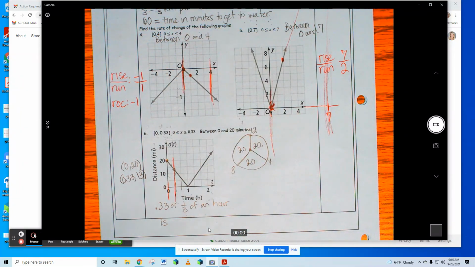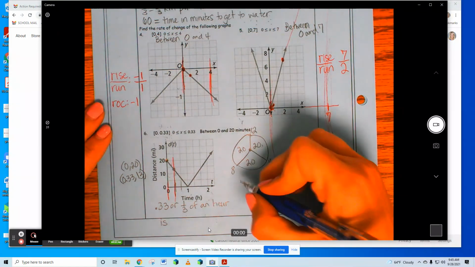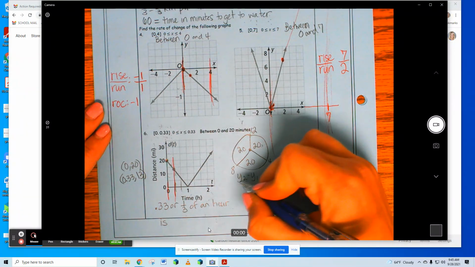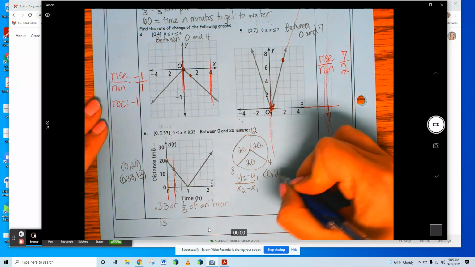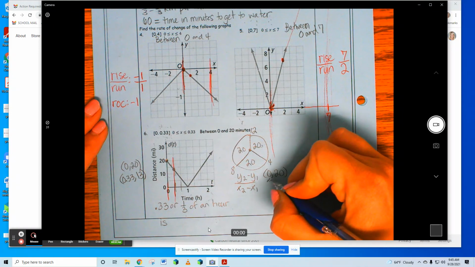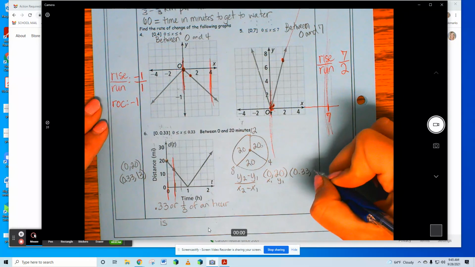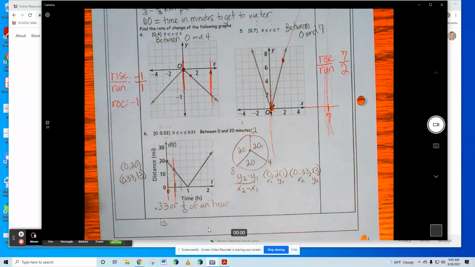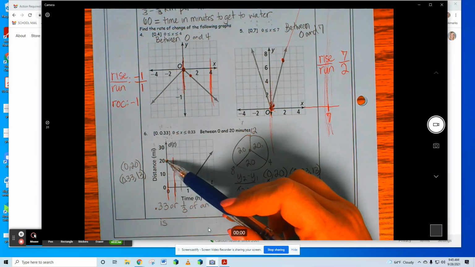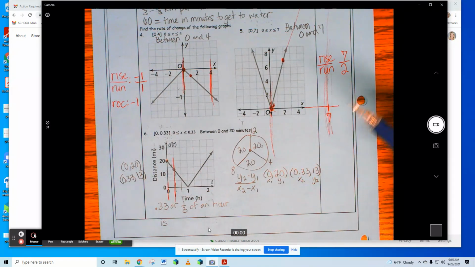So I can do two methods. I can take my ordered pairs and subtract y2 minus y1 over x2 minus x1 with my two ordered pairs, x1, y1 and x2, y2. Or I can just rise and run: rise down 7, run 0.3. But that's a lot, guys.